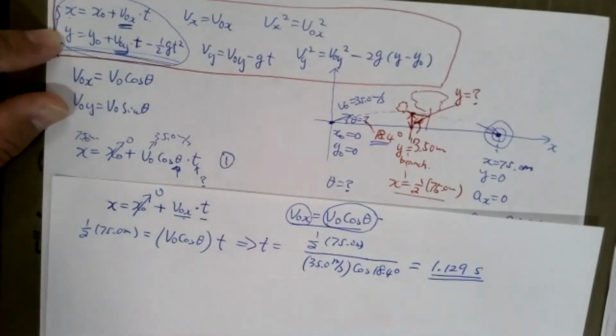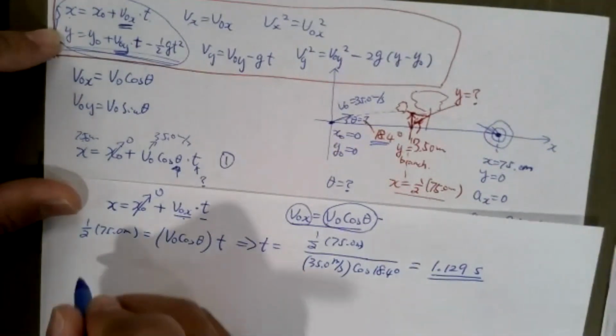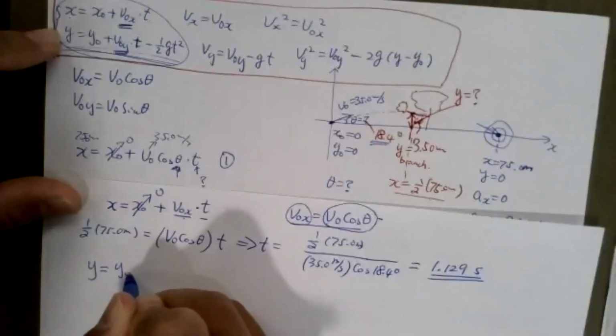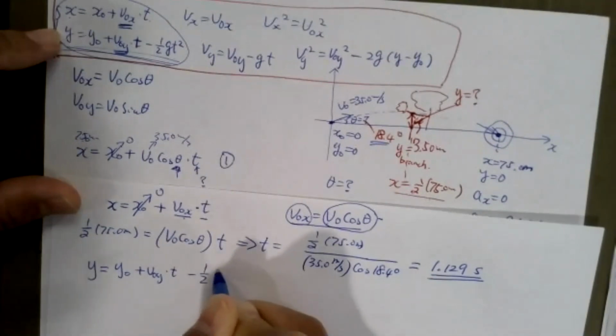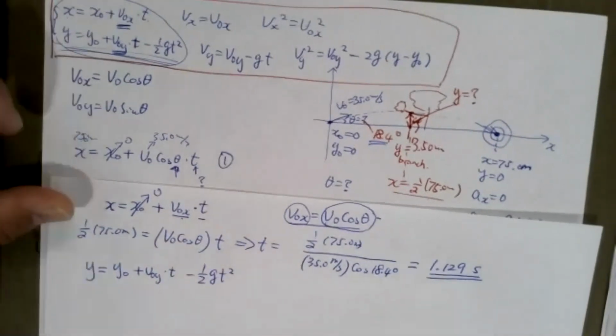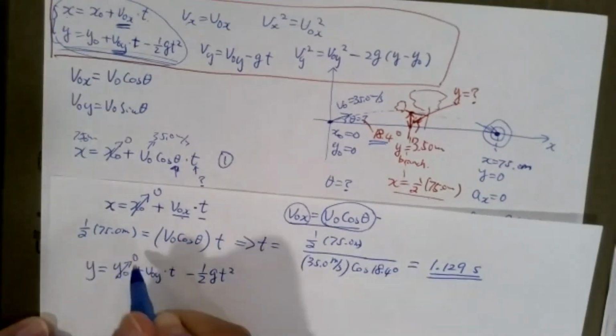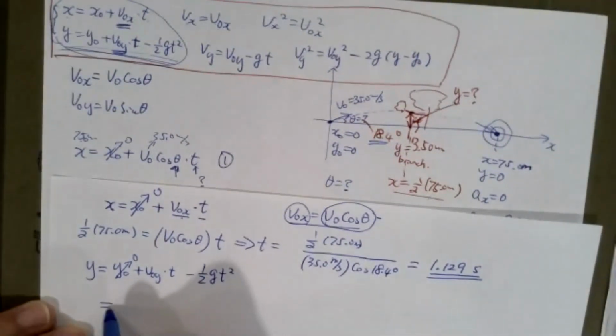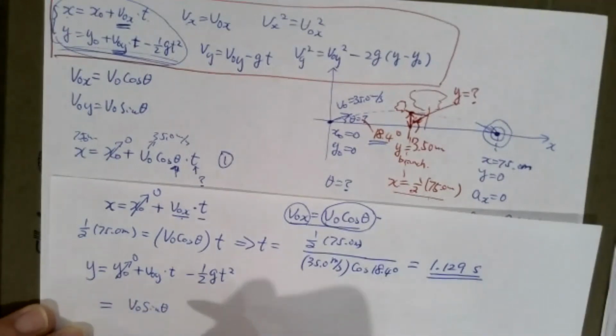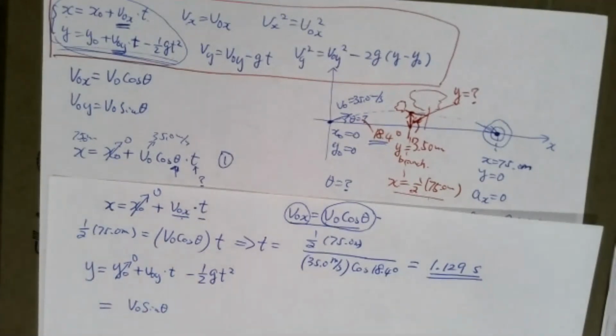So the y at halfway: y equals y0 plus v0y times t minus 1/2 g t squared. You know everything on the right, so you can solve for your y. The first term is 0, so we can leave that out. This will be v0 sine theta. Did we have that number last time?